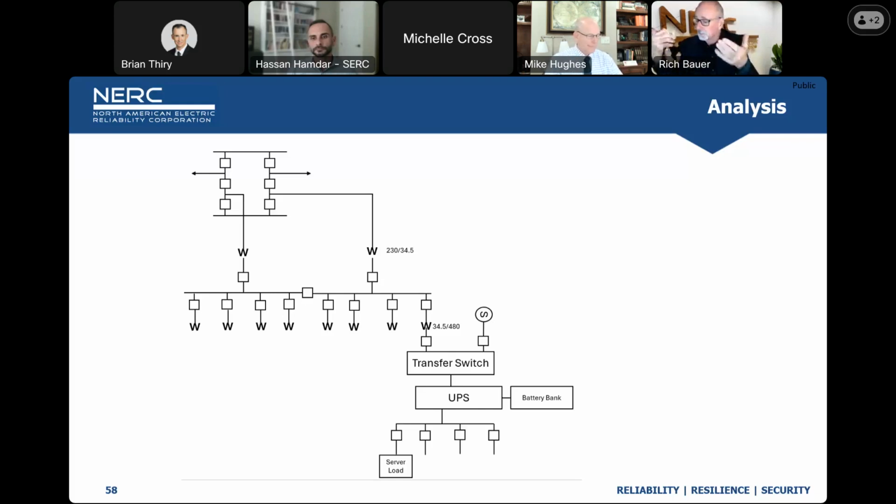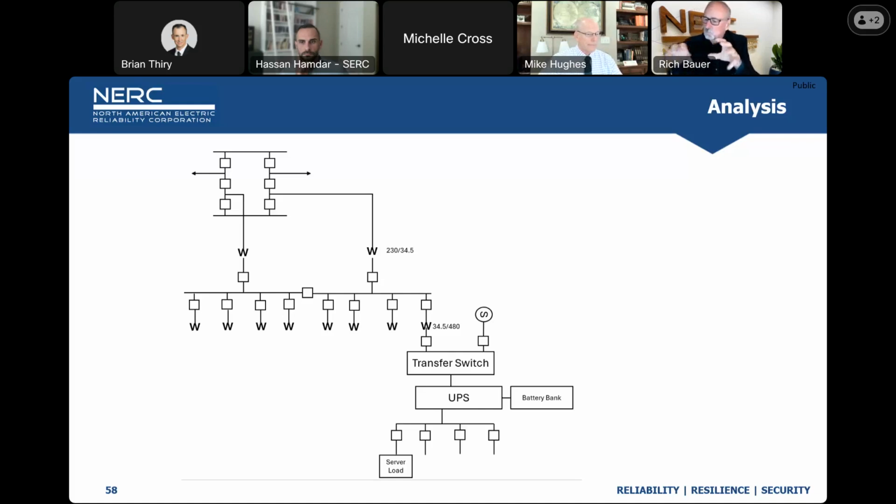Anyway, that UPS has that battery bank, and that's actually what provides the uninterruptible power and feeds the critical load. You can see the critical load in this case is depicted as server load on one feeder, or one distribution system that feeds that server load.